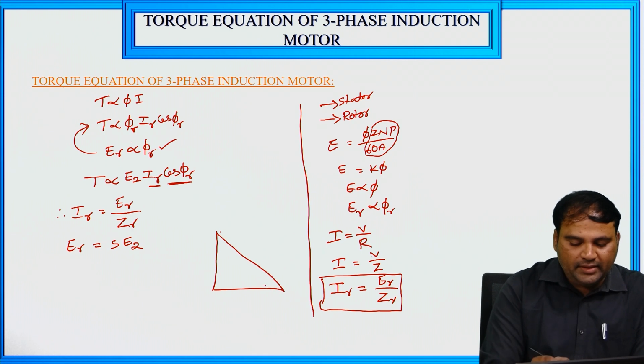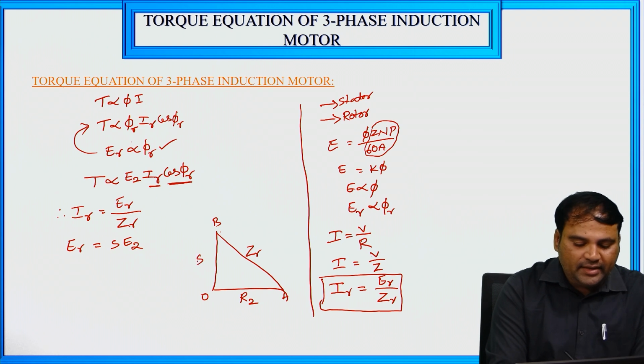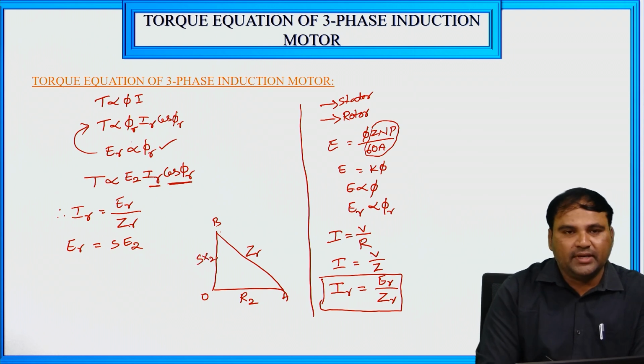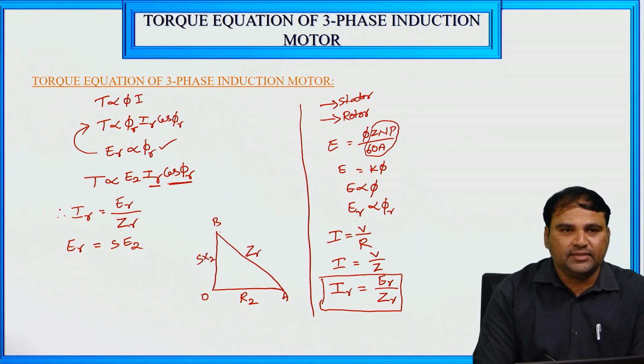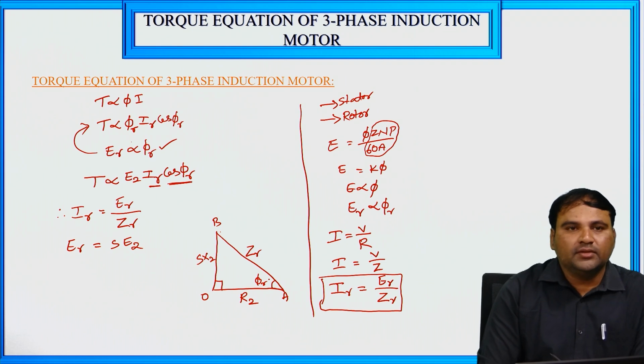I am taking a triangle OAB, where ZR is the rotor impedance, this is the rotor resistance R2, and here is the rotor reactance S into X2. This is 90 degrees, and here is the angle phi R, cos phi R.